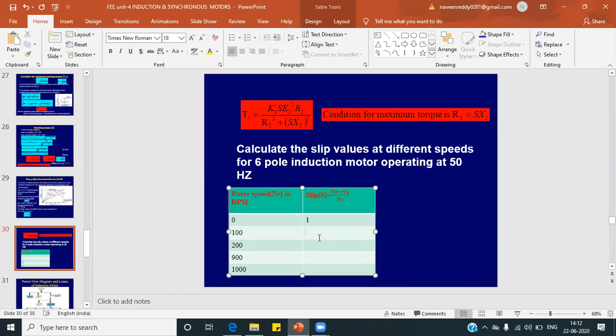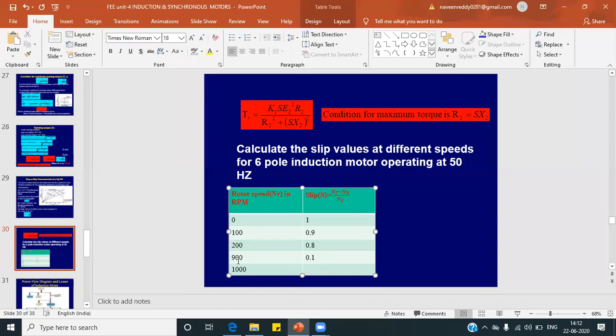That is 1000 minus 100 divided by 1000, which is 900 divided by 1000, so 0.9. This would be 0.8, and this would be 900: 1000 minus 900 is 100, divided by 1000 is 0.1.